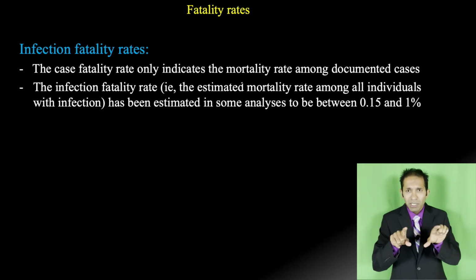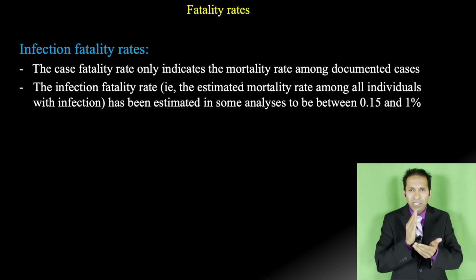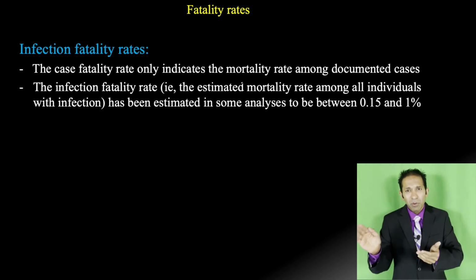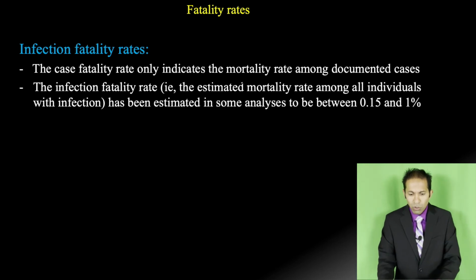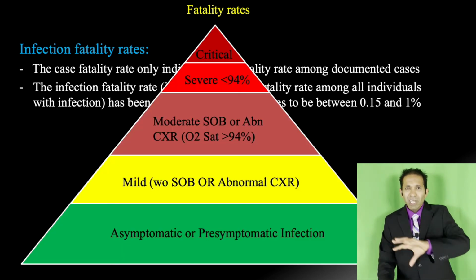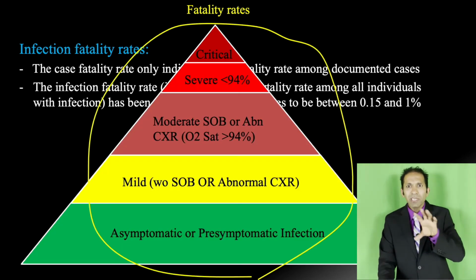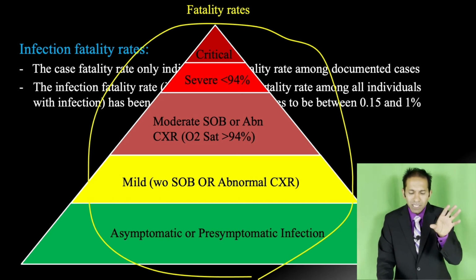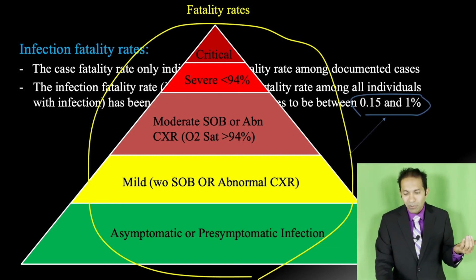So let's talk about why infection fatality rate is more important than case fatality rate. Let's go back to our triangle. If you take all patients, including asymptomatic as well as pre-symptomatic, and you could study the death in all infected patients, which is not possible, it would be around 0.15 to 1%.